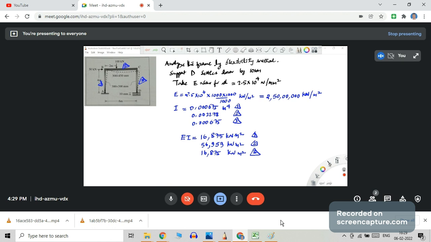Now the issue is how to deal with the support settlement in flexibility. We should remember that in stiffness we have converted the support settlement into equivalent moments, isn't it?